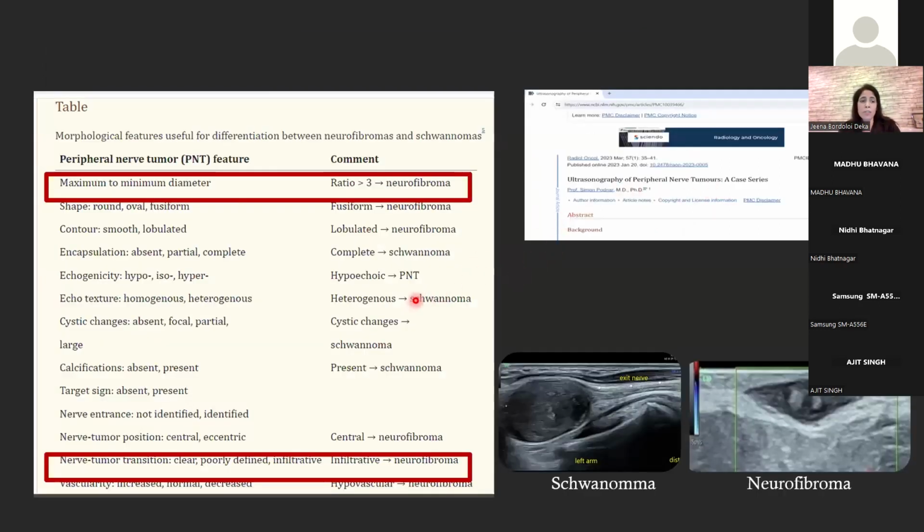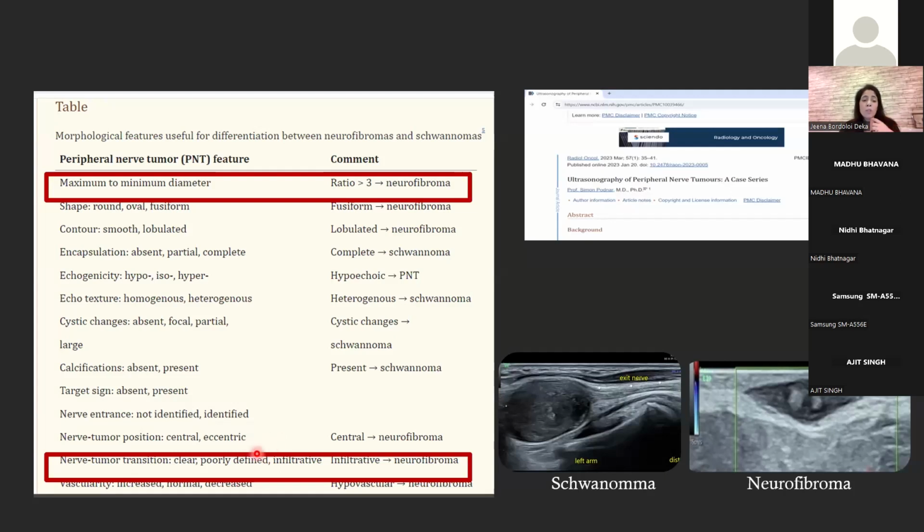So other recent papers have also described other features while we are differentiating between neurofibromas and schwannomas. We can also look at the maximum to minimum diameter, where the neurofibromas, being fusiform, have a ratio of greater than 3. And more fusiform tumors go more in favor of neurofibromas, especially if they are lobulated. Schwannomas have a more complete encapsulation, and cystic changes, vascularity and calcifications are seen more in schwannomas. Before that, whenever the tumor is central, it goes more in favor of neurofibroma, and when it is eccentric, it goes more in favor of schwannoma.